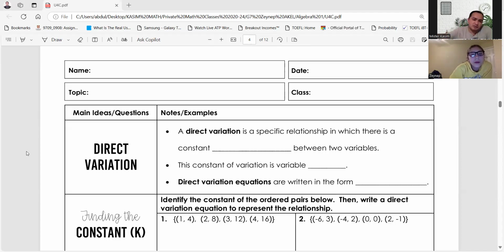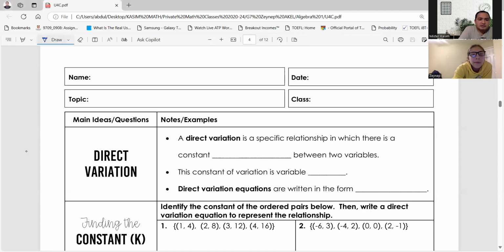And what is the equation? The equation is really simple because the ratio is constant. If you pick any y value and divide by x, and it is equal to some constant number, then we say that y is directly proportional to x, right?